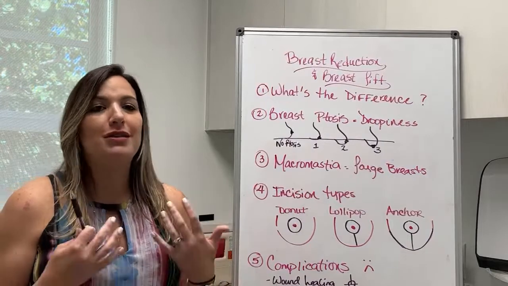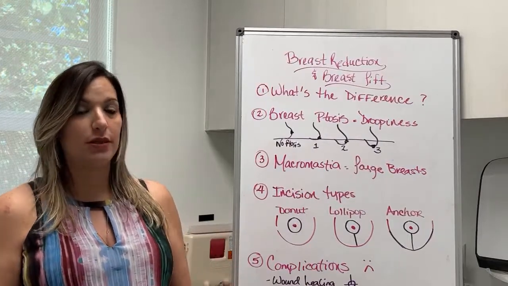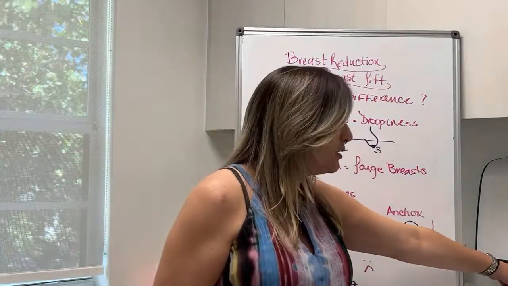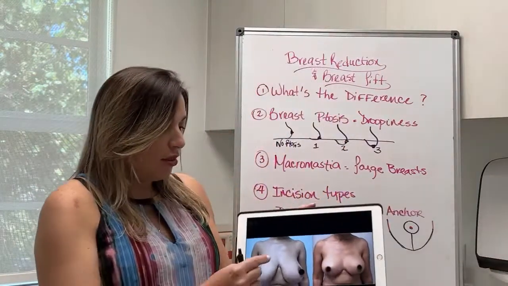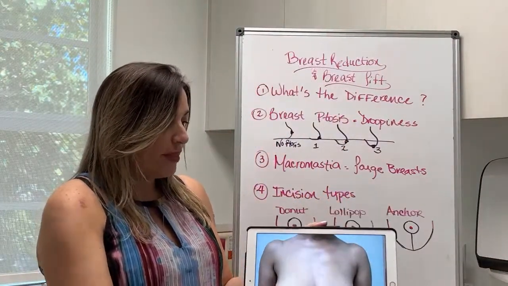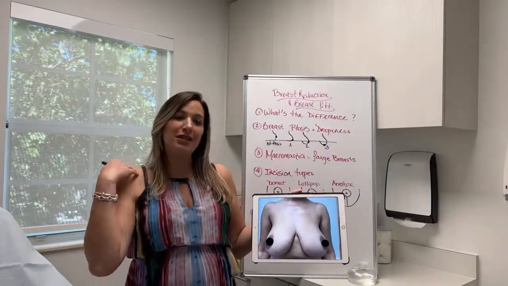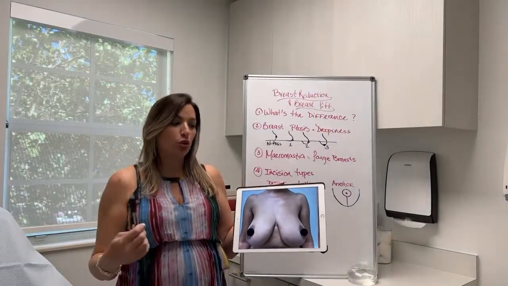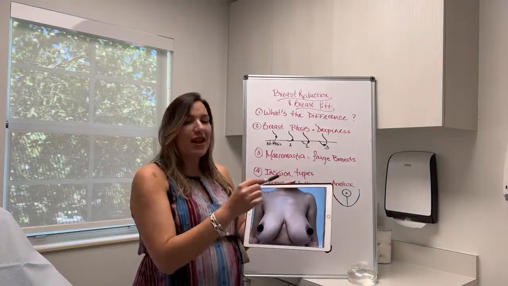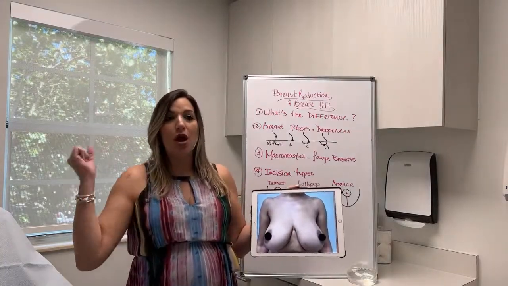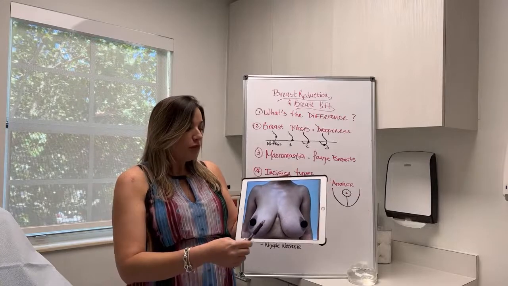What are usually the symptoms with large breast? Very common is this bra strap grooving. They get so heavy that patients start to get a fold there because it's too heavy on their shoulders. Very common, they have neck pain, shoulder pain, upper back pain.